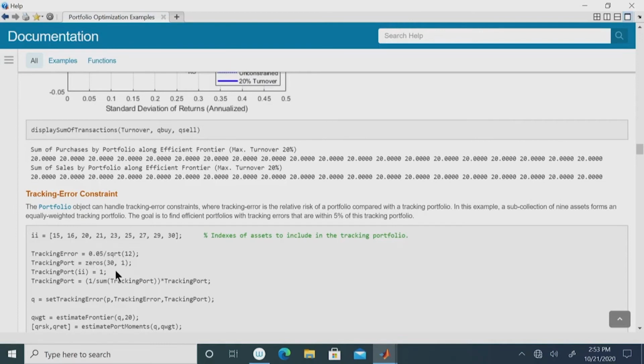divided by the square root of 12 for the monthly tracking, and the tracking portfolio here is set to be zeros(30,1). That means the tracking portfolio initially has weights all 0, and then you assign the weight of 1 to those components of the tracking portfolio which are there for inclusion.